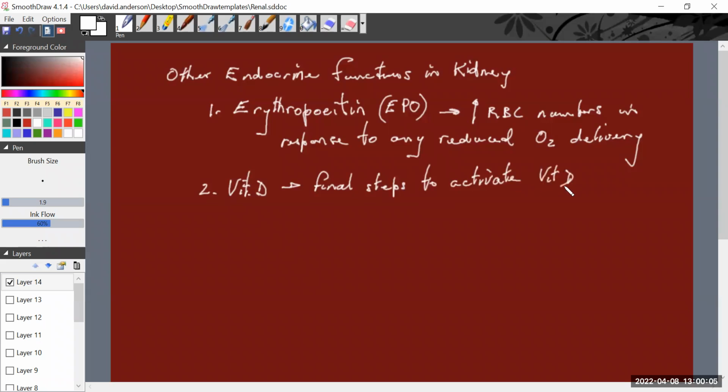vitamin D. Now, some of you might be saying, well, why are you including vitamin D in the endocrine system? Well, it was actually produced in one group of cells, and it's going to target another group of cells. So by definition, vitamin D is actually a hormone.